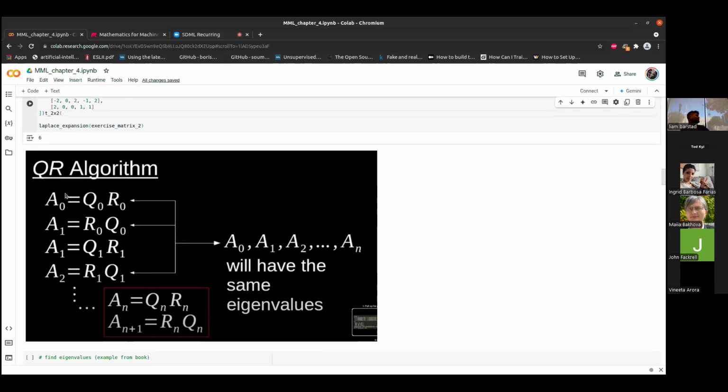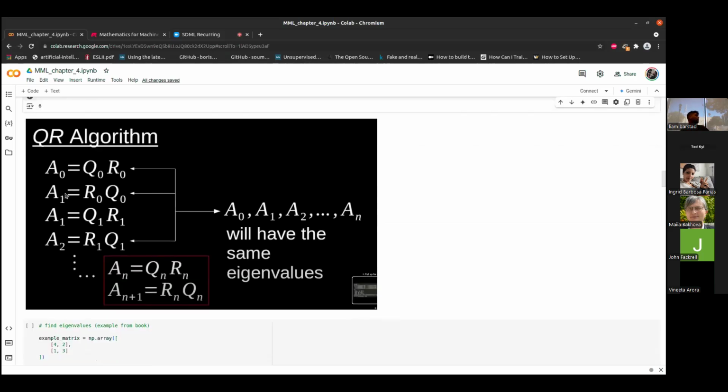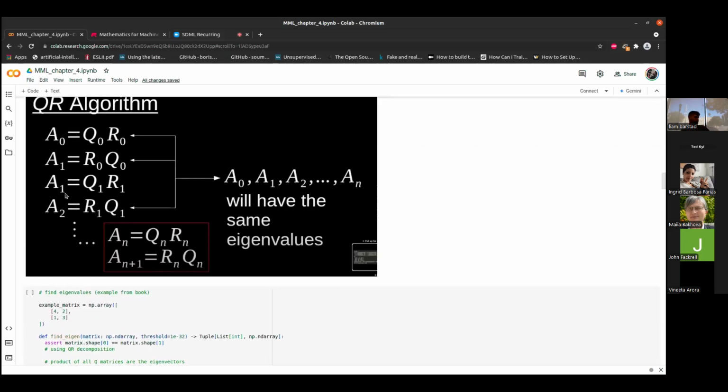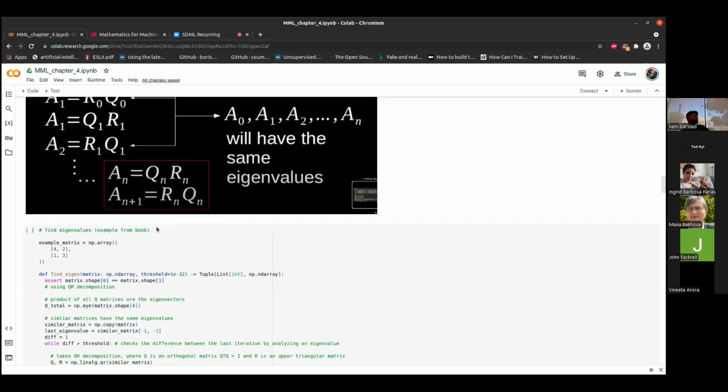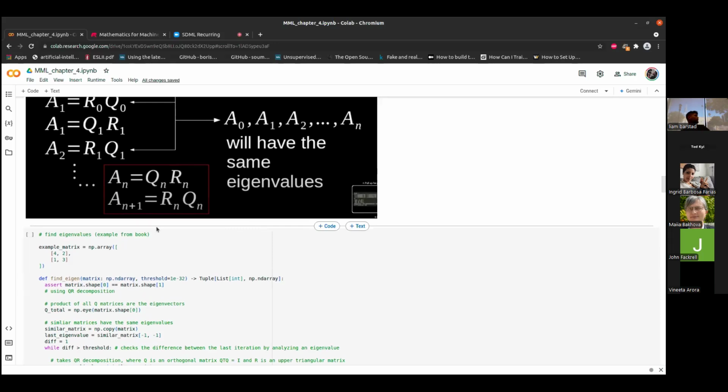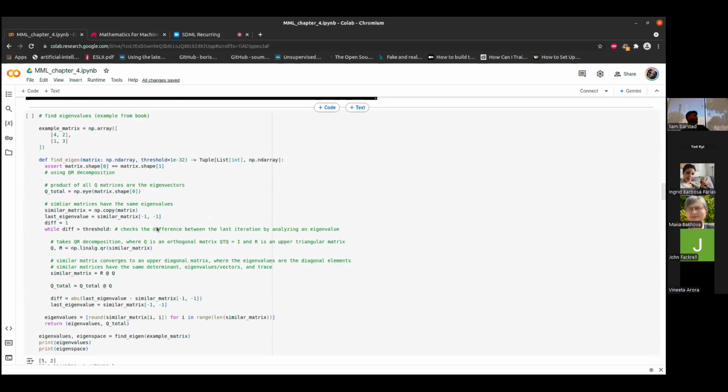Okay. So I want to talk about this QR algorithm, which is actually used pretty frequently when it comes to solving systems of linear equations and finding eigenvalues and eigenvectors. I just want to show that there are different types of decompositions and how these principles apply here.